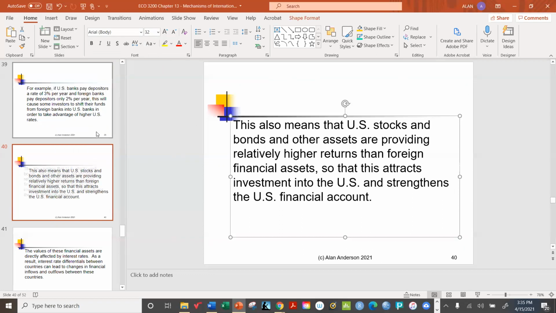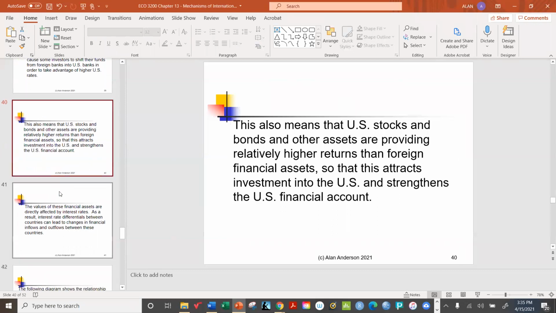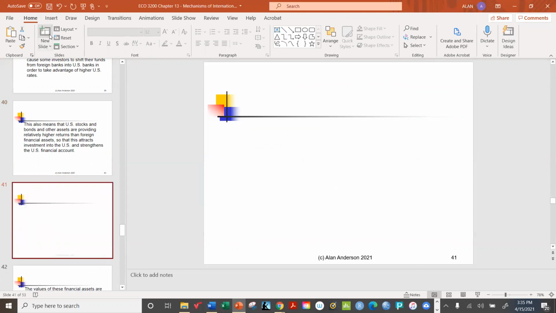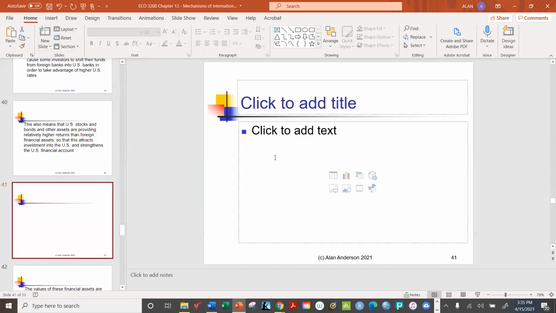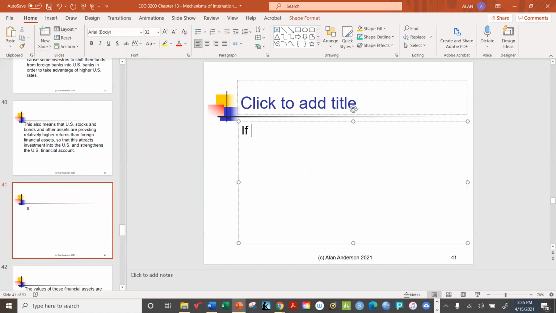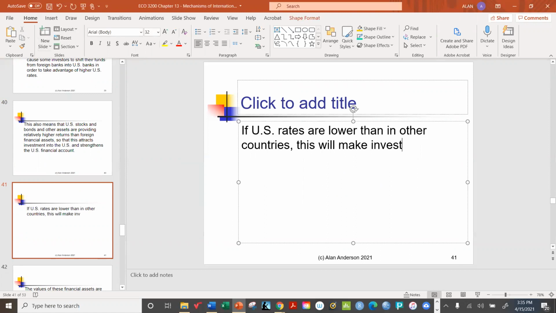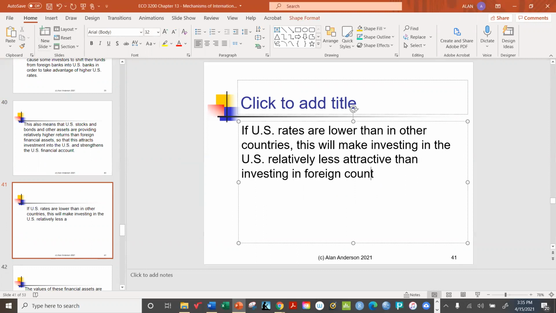All right, now obviously if our rates are lower, then the opposite will take place. All right, so we'll just mention that. If US rates are lower than in other countries, this will make investing in the US relatively less attractive than investing in foreign countries.